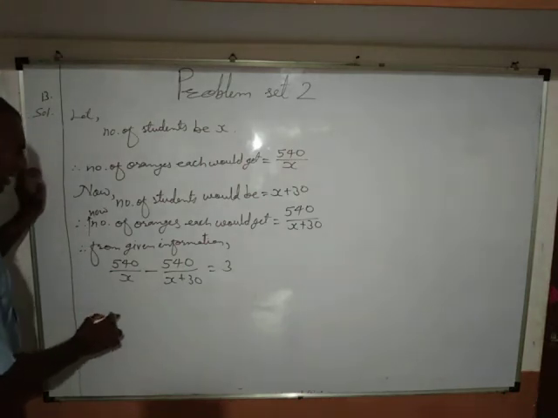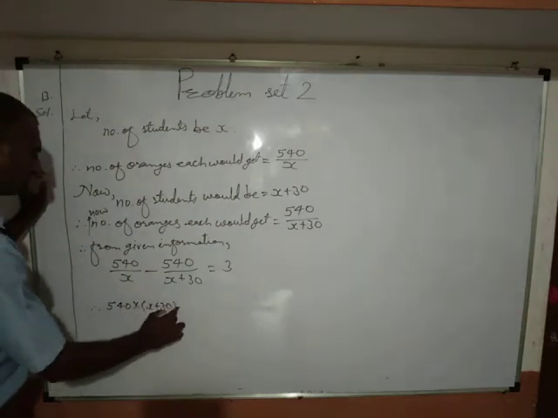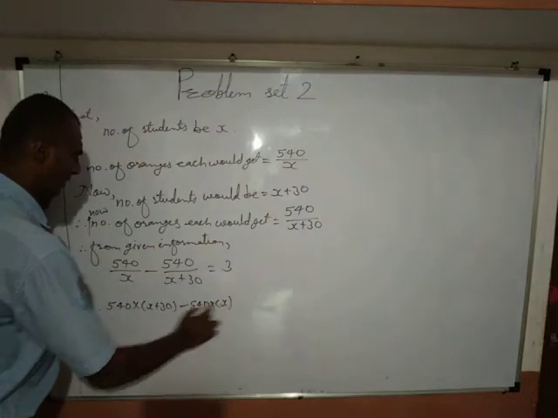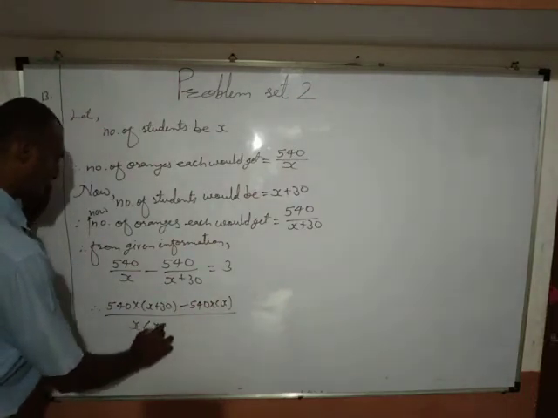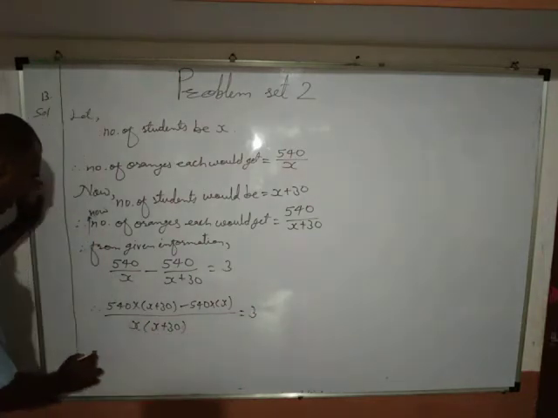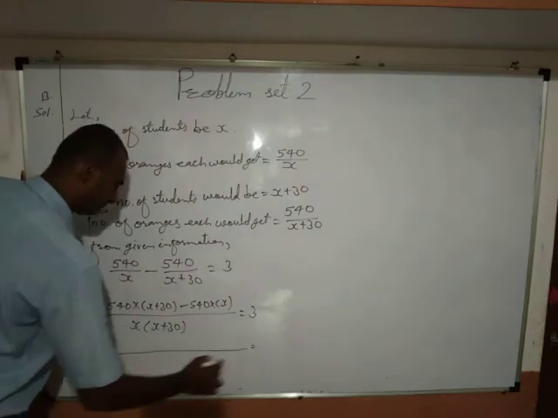On cross multiplication we get 540 into x plus 30 minus 540 into x, that upon x into x plus 30 equal to 3. Okay, on simplification we get therefore it will be like this.